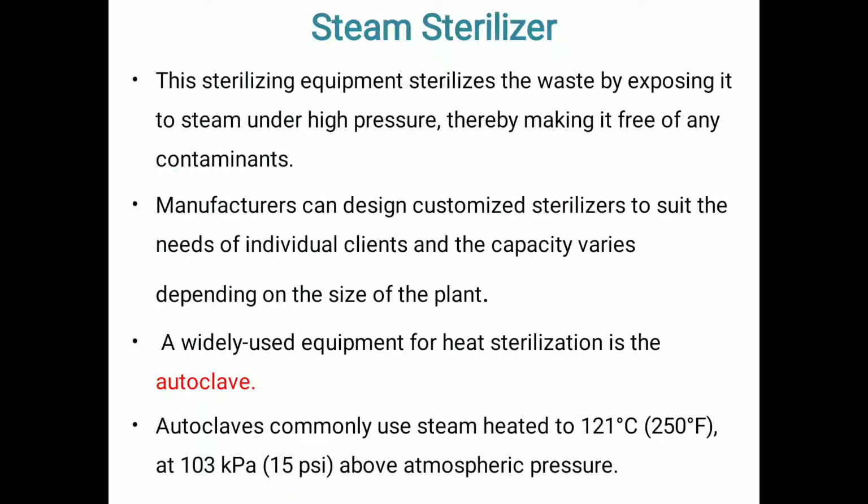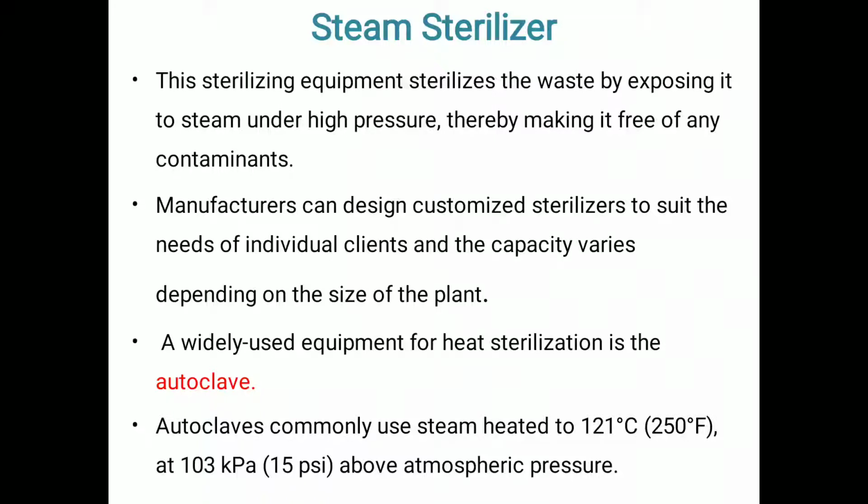We already discussed in the topic of autoclave that the pressure is applied to the steam. The steam is heated. The steam has high penetration power as compared to dry heat, and that's why it is one of the efficient agents to kill the microorganisms.